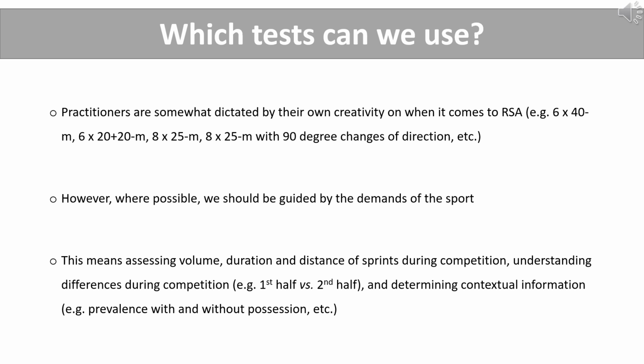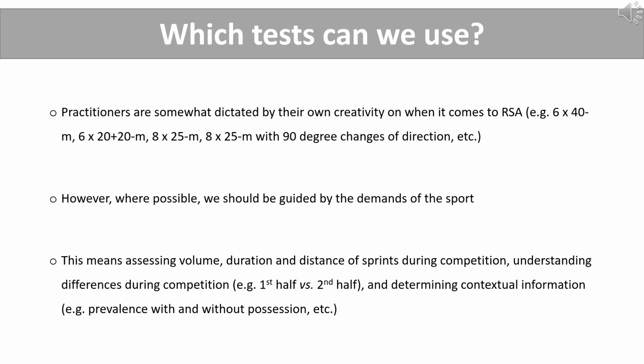So I think that practitioners can somewhat come up with their own, and how we would do that is ultimately be guided by the demands of the sport. And so this means us understanding the movement patterns that players are accustomed to during competition and training.